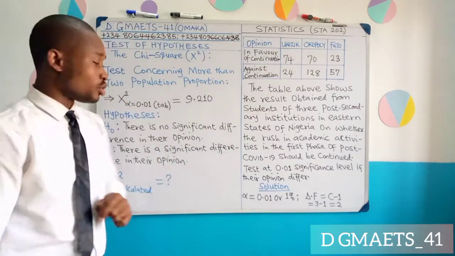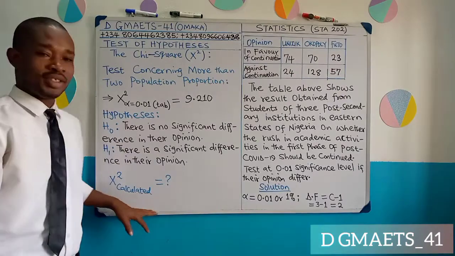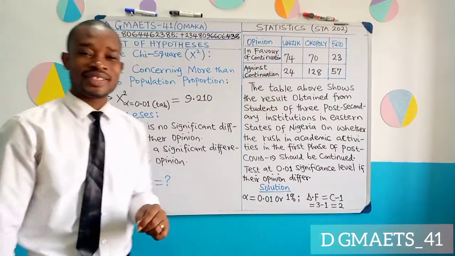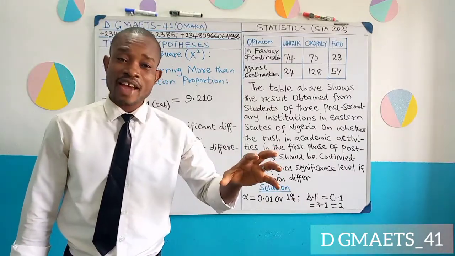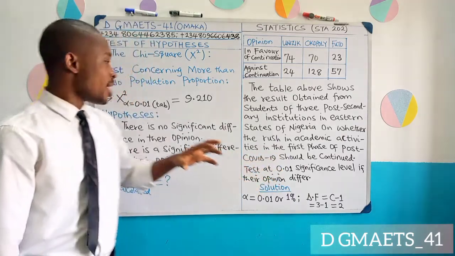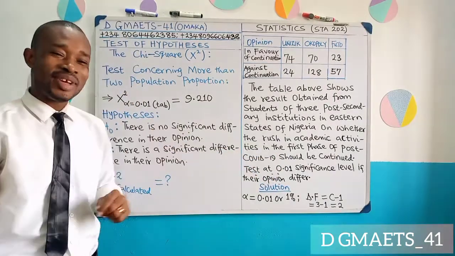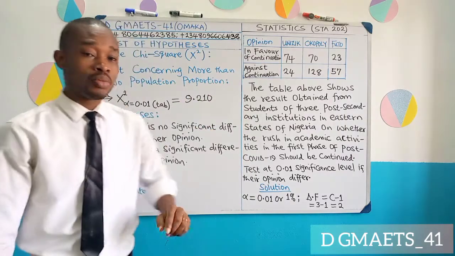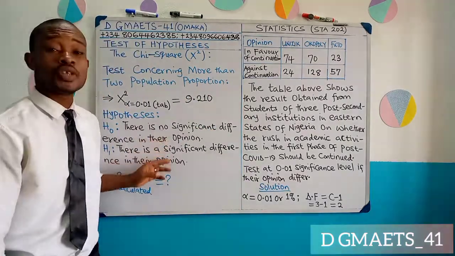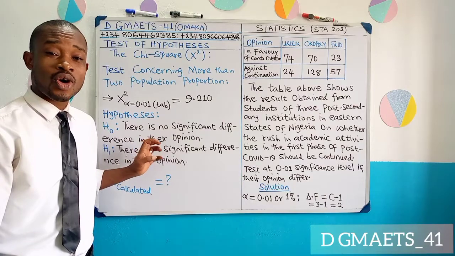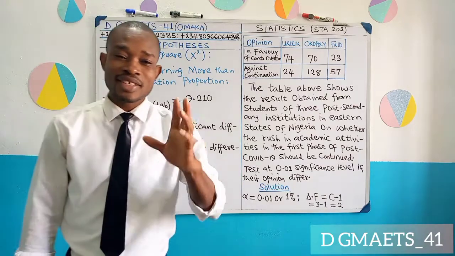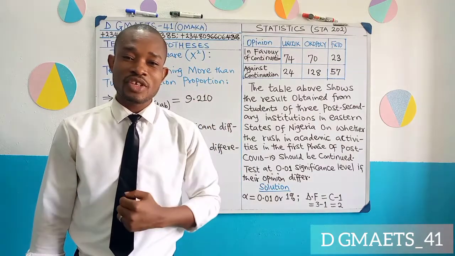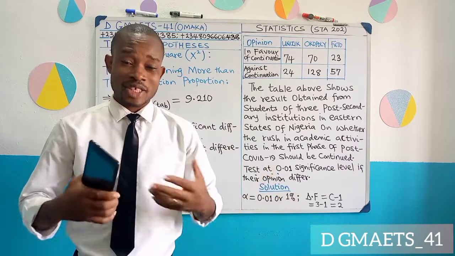And that is why, to do that, we will proceed to obtain chi-square calculated. We need the value of chi-square calculated so that we can now compare it with chi-square tabulated. The comparison, and from what we see, will now help us to make a better decision on what to choose here, whether null hypothesis or alternative hypothesis. The decision rule in one of our videos, I've already explained it.